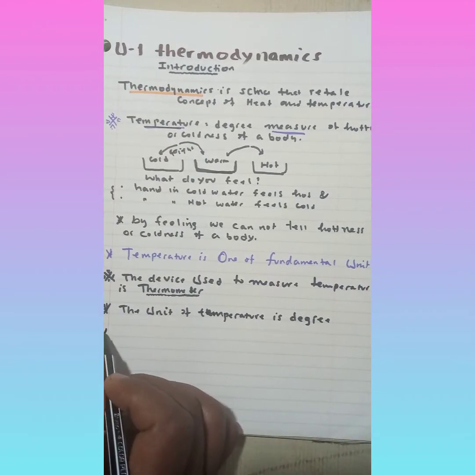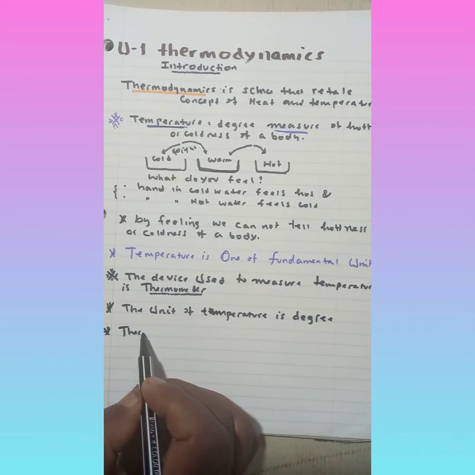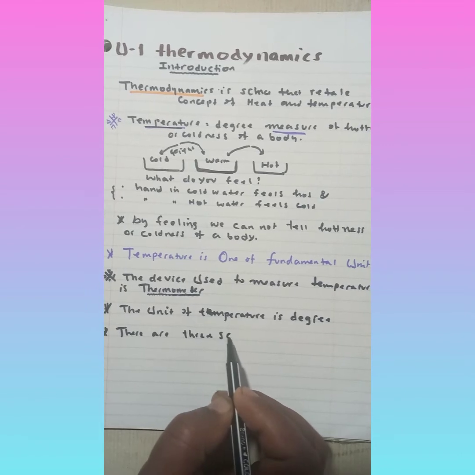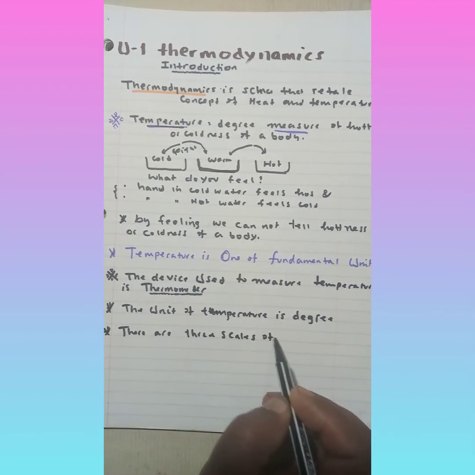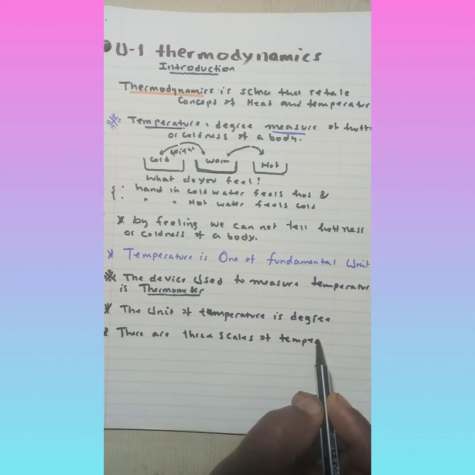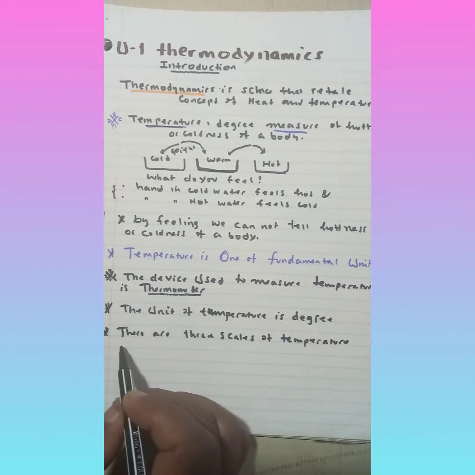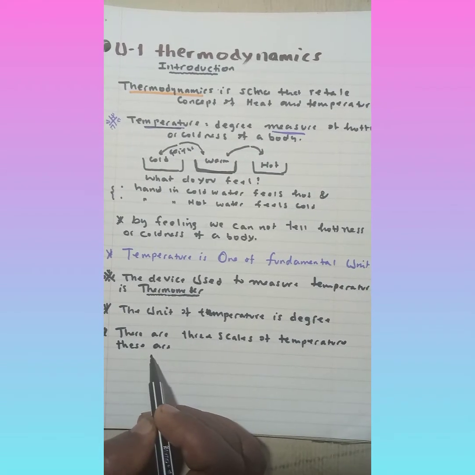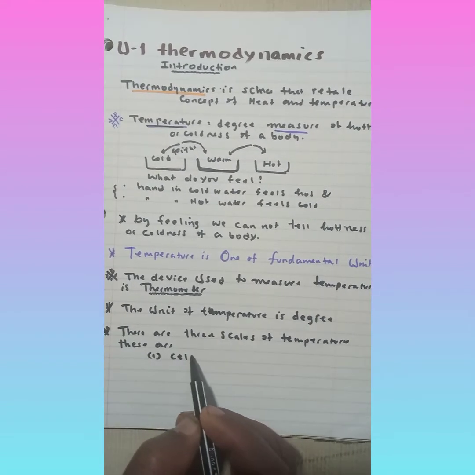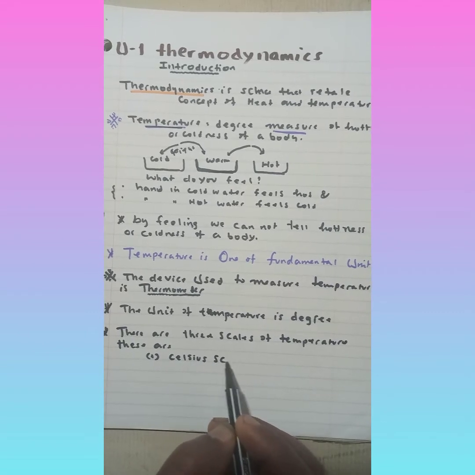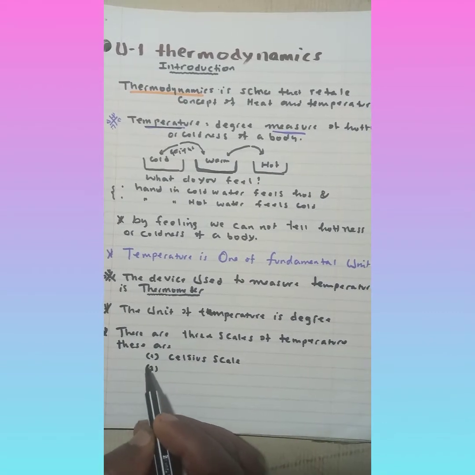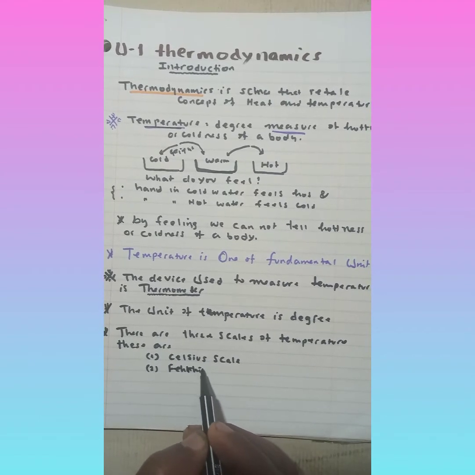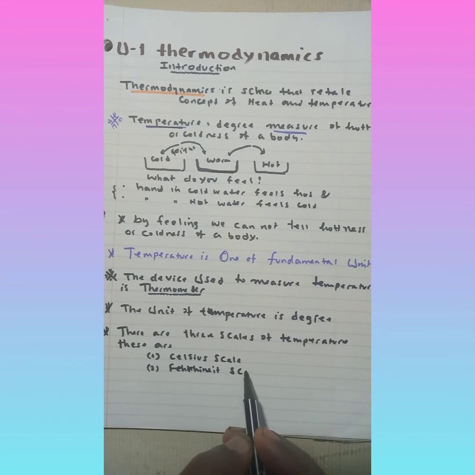And there are three scales of temperature. These are, the first one, the Celsius scale. Second, the Fahrenheit scale.